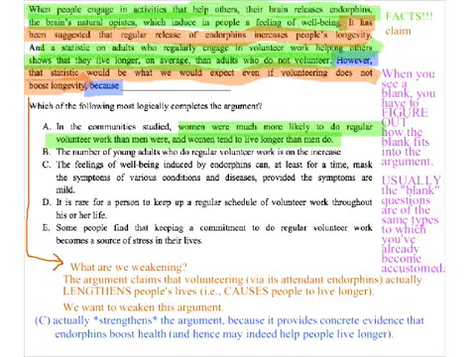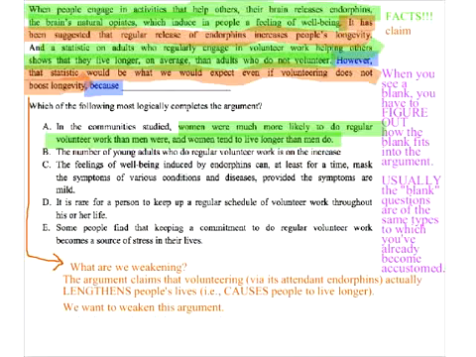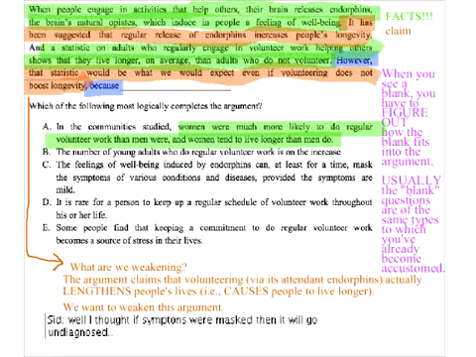Okay, I could see where you're going with that, but there's two things wrong with that reasoning. Sid says, okay, let me make some room for this. This is what Sid wrote: if symptoms were masked, then it'll go undiagnosed. There's two things wrong there.